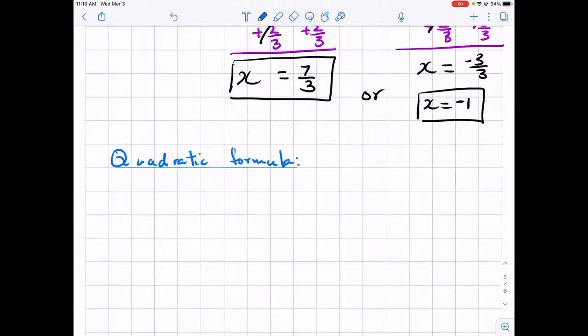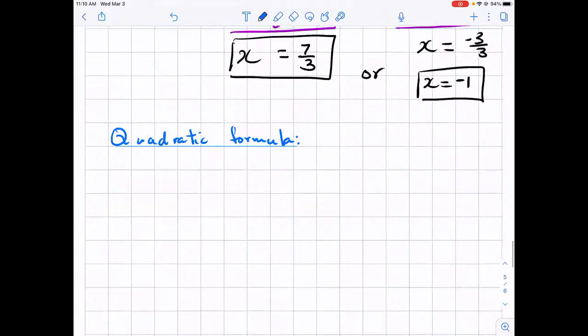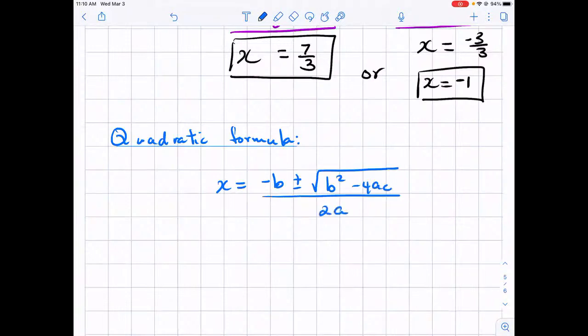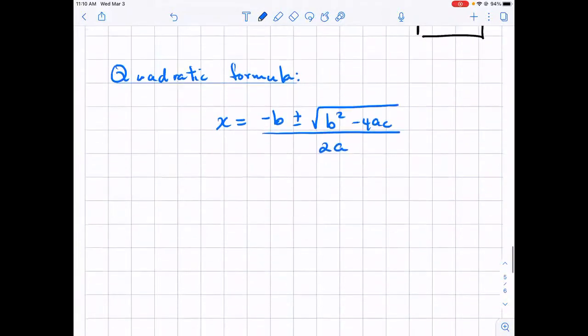The quadratic formula, which we had earlier: minus b plus or minus the square root of b squared minus 4ac, and make sure all of it is over 2a. We'll use the quadratic formula to solve quadratic equations.